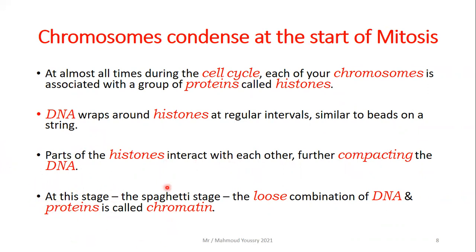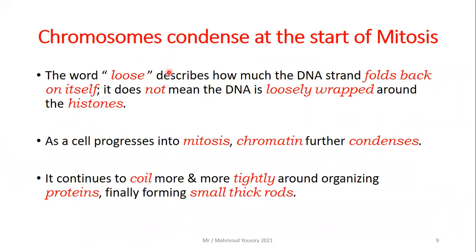At the spaghetti stage, the loose combination of DNA and proteins is called chromatin. The word loose describes how much of the DNA strand folds back on itself. It does not mean the DNA is loosely wrapped around the histones. No, it's tightly wrapped around the histones.